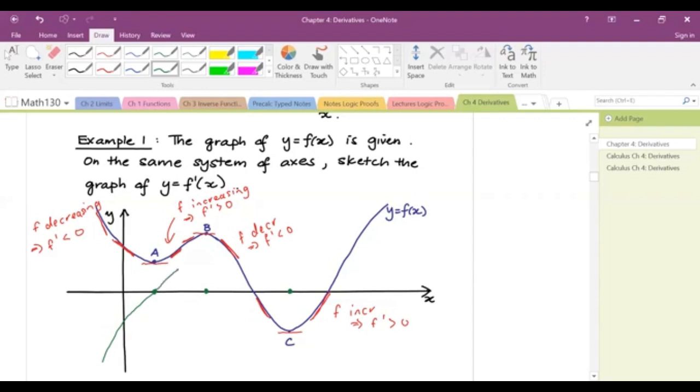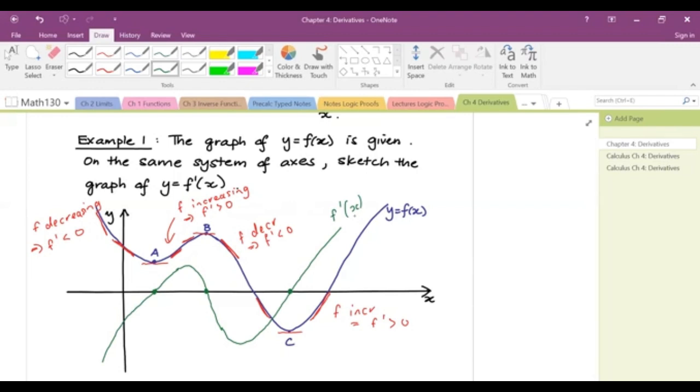And at some point, it's got to turn, still positive but less positive, and meet back up with 0 at b. Then after b, the derivative becomes negative again. And then at some point, it becomes less negative and must turn to cross the axis at c, and then continues to be positive. So that's a possible sketch of f prime of x.